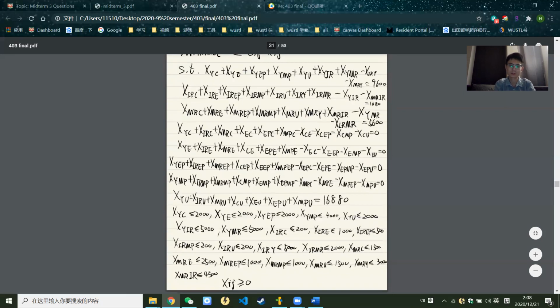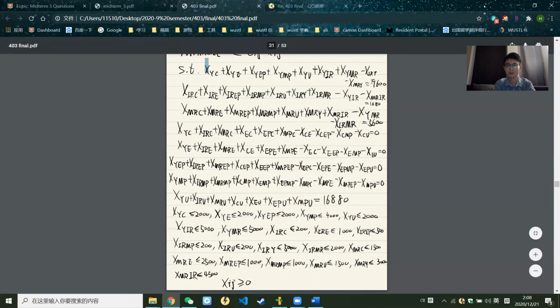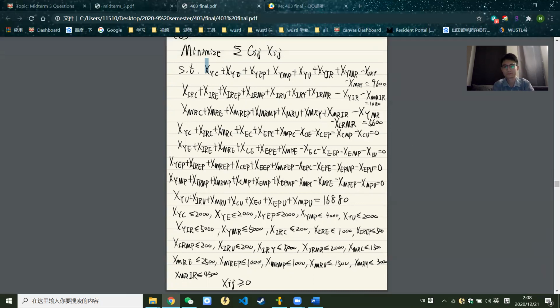And these three constraints are for the supply nodes. Here is the arc pointing into it, and here is the arc pointing out of it, and their difference should be the supply amount. And here, these are the nodes in the middle, so the arcs pointing in minus the arcs pointing out of it should be 0.